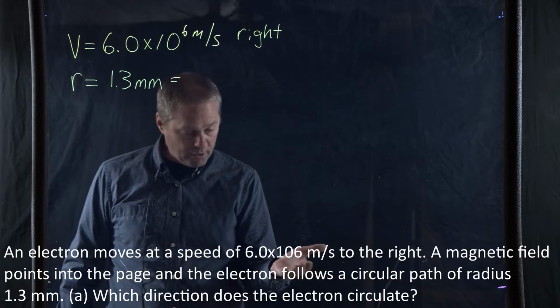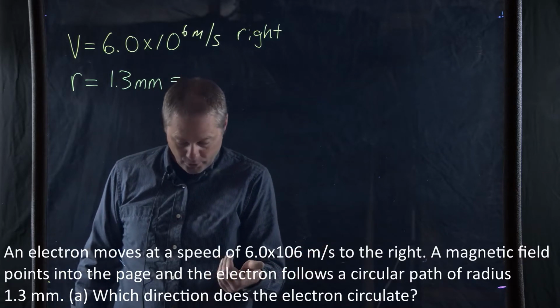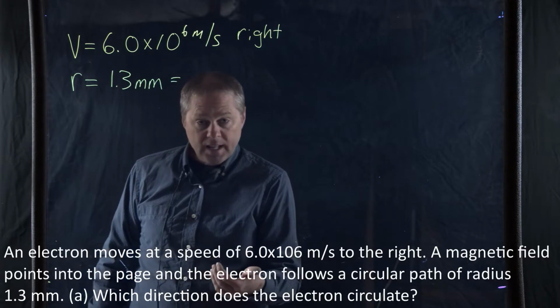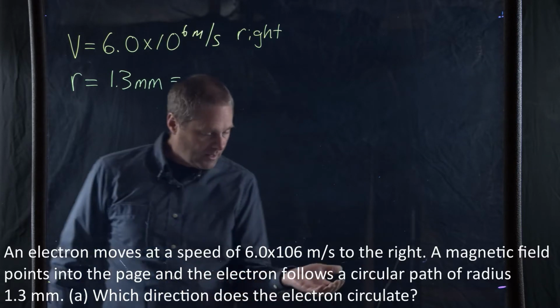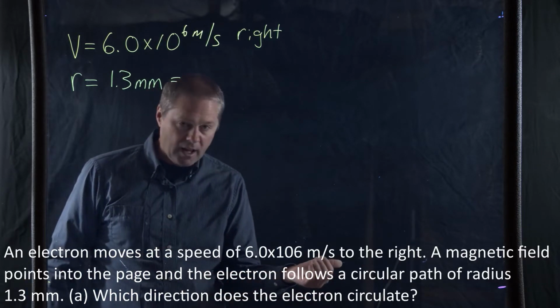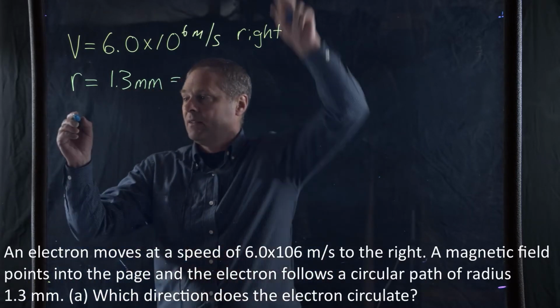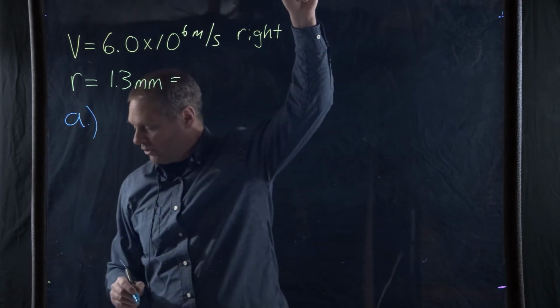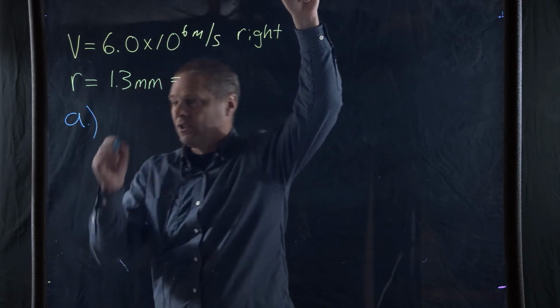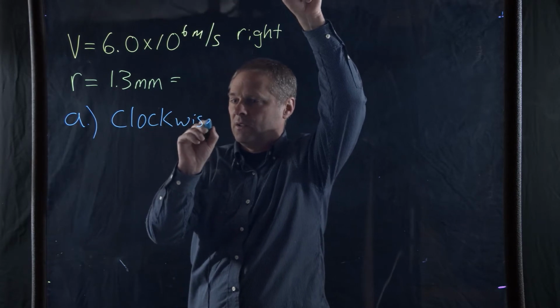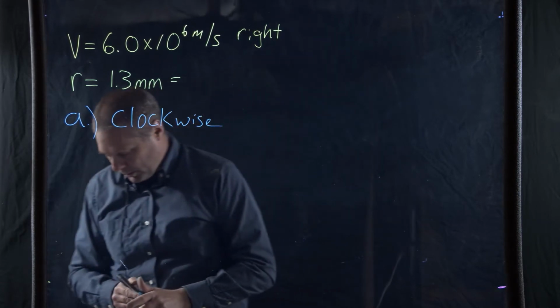Curl your fingers up, and as you curl those fingers up, you see that it's going clockwise. So for A, the electron circulates clockwise.